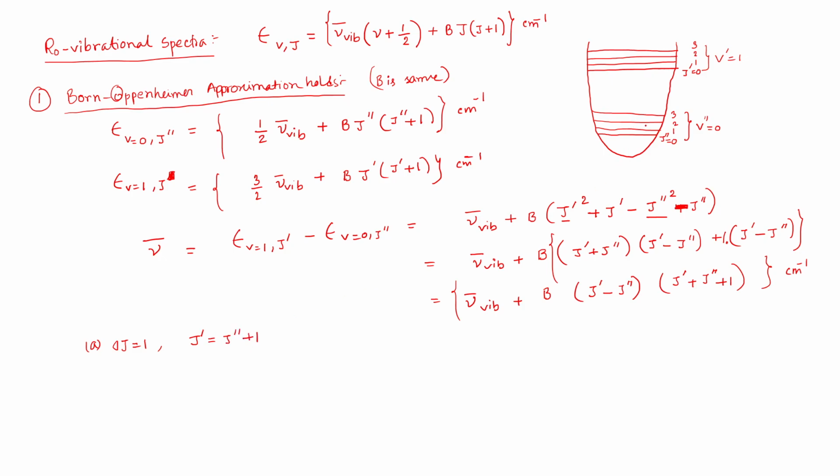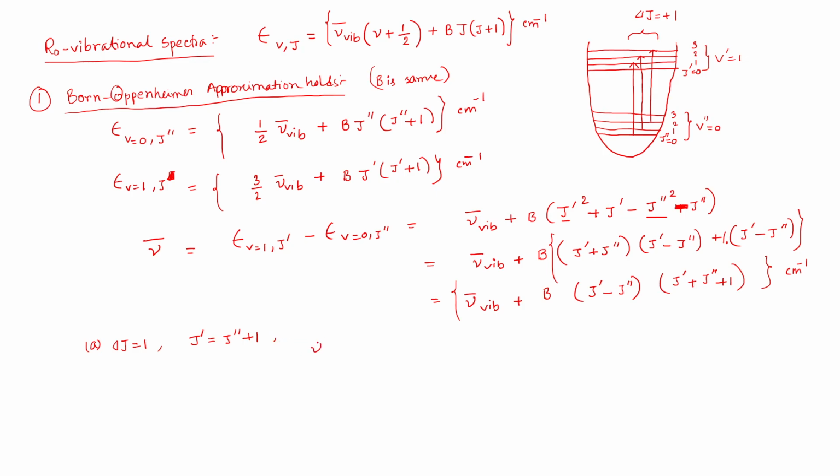That means the transition is J from 0 to 1, then 1 to 2, then 2 to 3. So this is the transition we are talking about right now, that is delta J is plus 1.